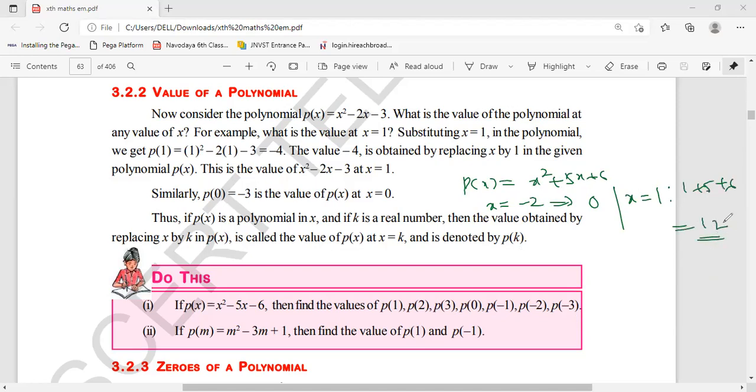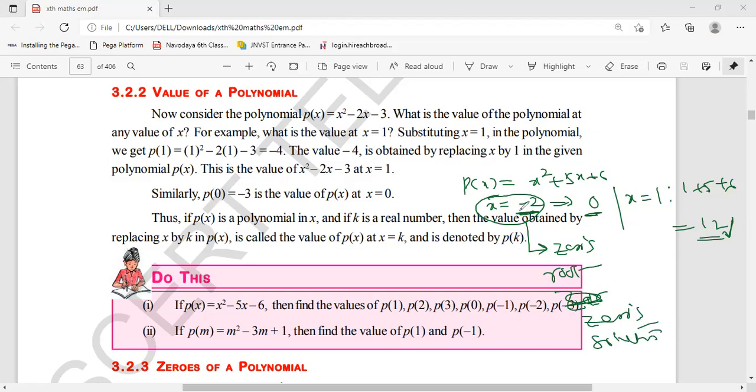So this 12 is called the value of the polynomial, and where you substitute x is equal to minus 2 and get the answer 0, this x is equal to minus 2 is called the 0 of the polynomial. Further we can say this is our root or zero or solution of the polynomial.